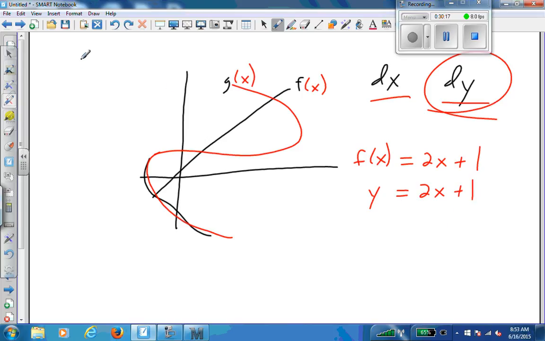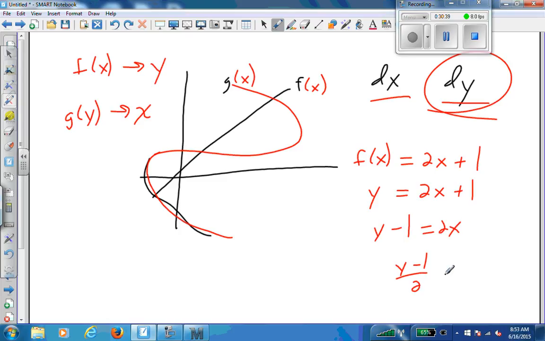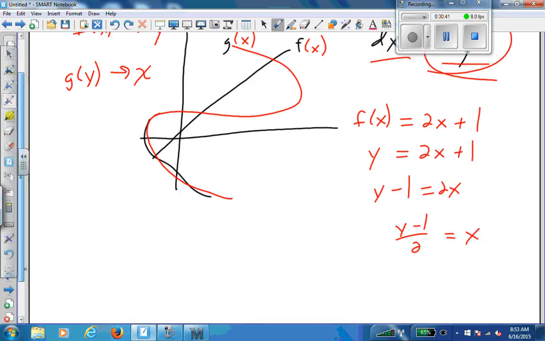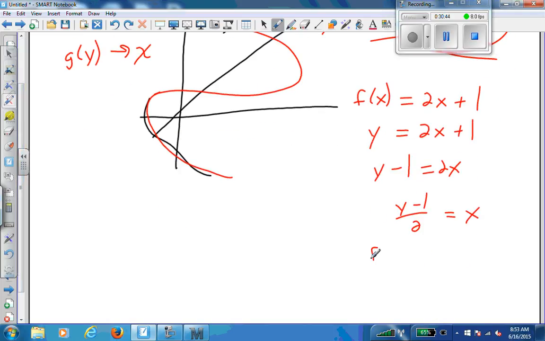Functions of x, those are solved for y. Functions of y, those are solved for x. So if this is a function of x, it's solved for y. So to change it, solve it for x: subtract y from both sides, divide both sides by 2. So x we could call f of y, because notice y is our input.